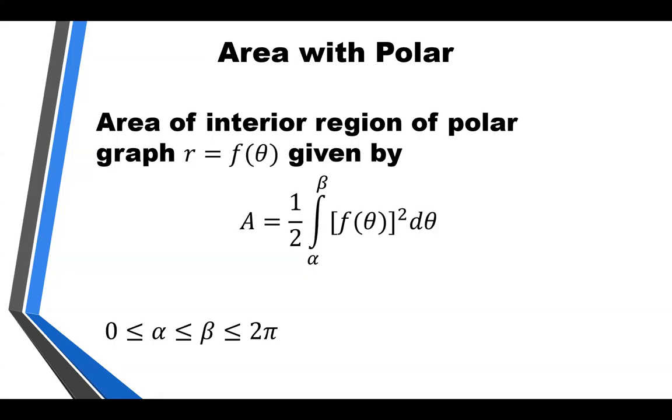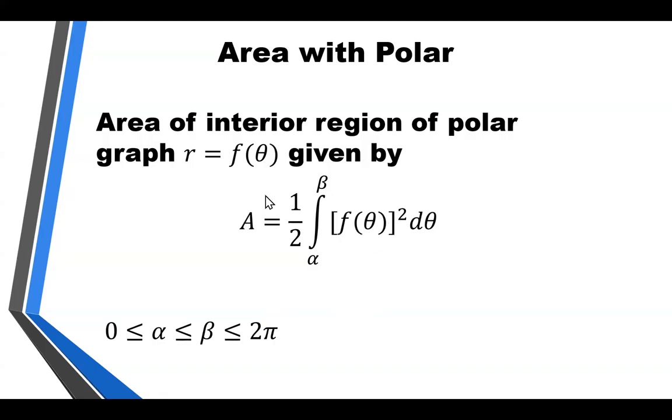So that's how we do it. An area of an interior region of a polar graph, r equals a function of theta, is given by area. This is 1/2 times essentially r squared integrated with respect to theta from angle alpha to angle beta. And usually we set alpha and beta between 0 and 2 pi, where alpha is the smaller one. But that change in theta turns into an integration.